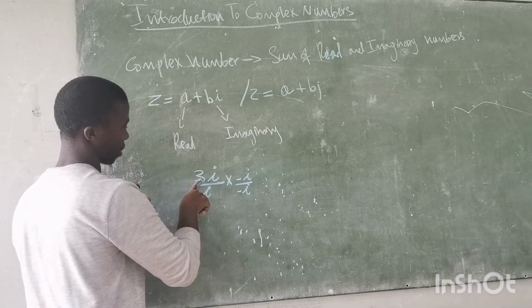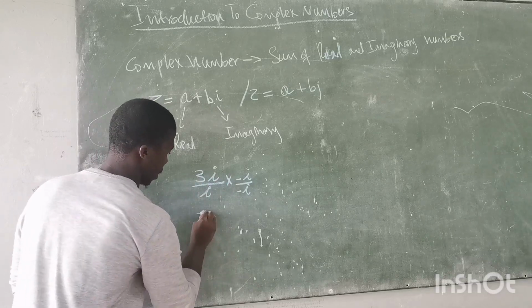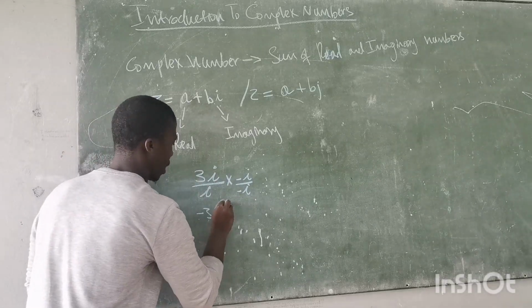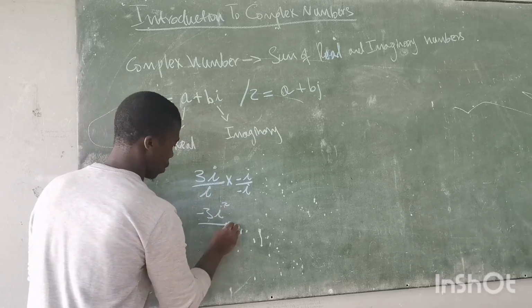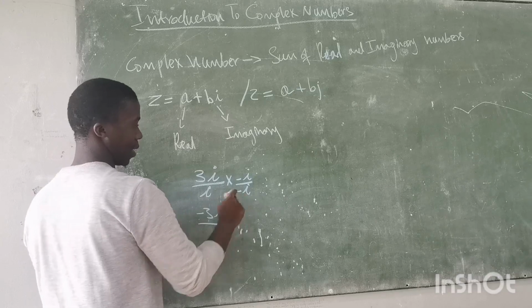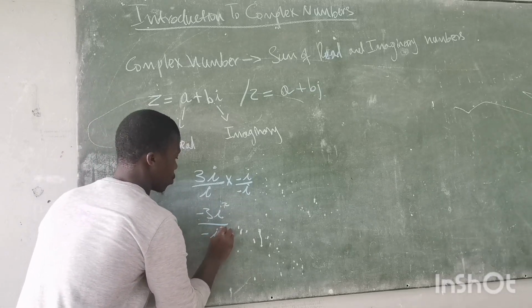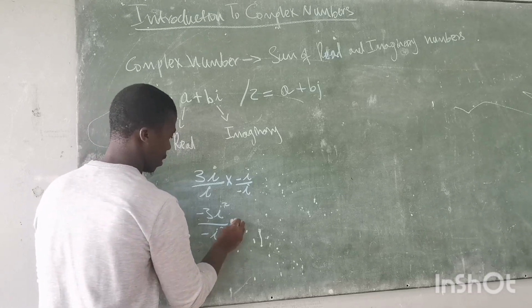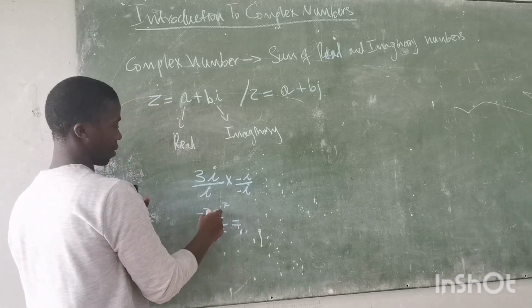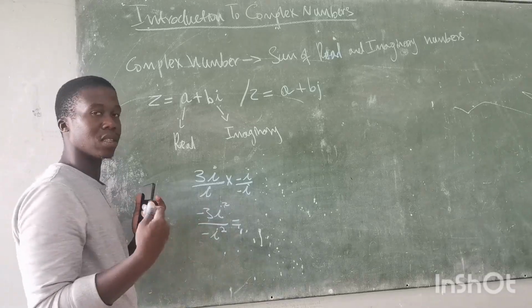So if you have 3i times negative i, you're going to get negative 3i squared, all over i multiplied by negative i, which is negative i squared, right? And if you continue further, i squared is going to give you negative 1.